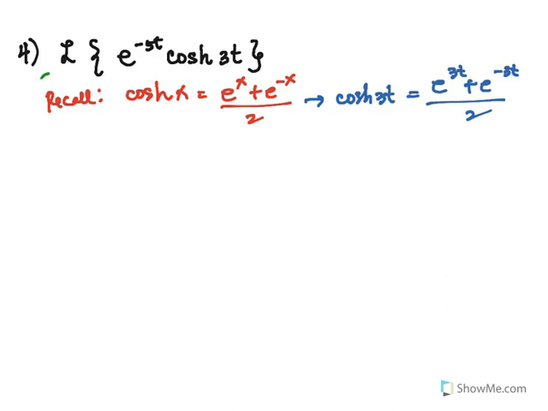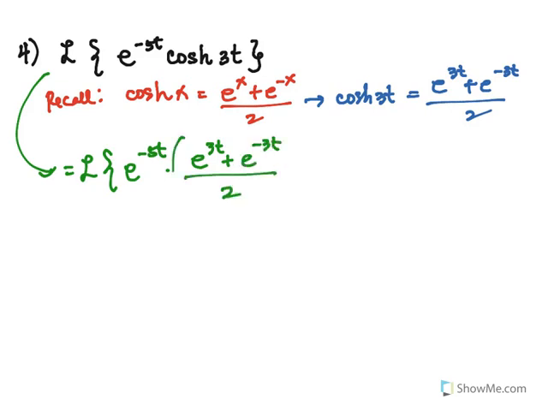So you have Laplace transform of e to the negative 5t times e to the 3t plus e to the negative 3t over 2. And then we can just distribute this. So by laws of exponents, you have here Laplace of e to the negative 5t times e to the 3t. You add the exponents, that's e to the negative 2t.